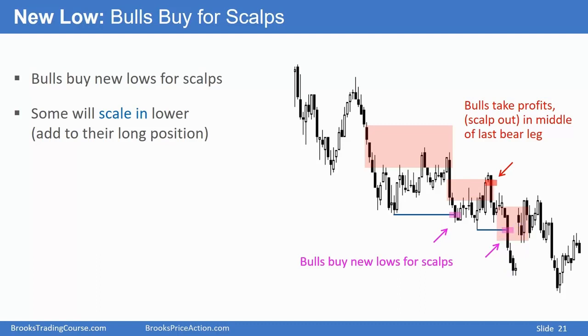So they want to make sure that second entry is at least the size of a scalp below the first. So you buy here, buy more here, and then look to exit around the original entry. Bears are looking to sell around the middle third anytime there's a reversal down.